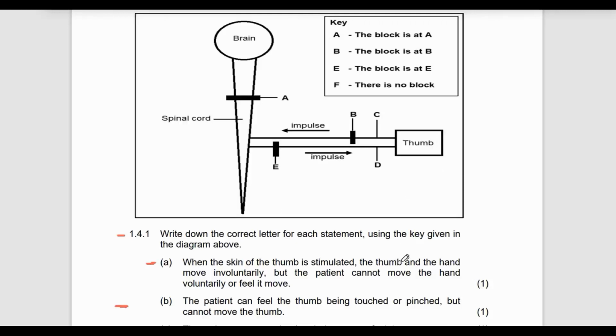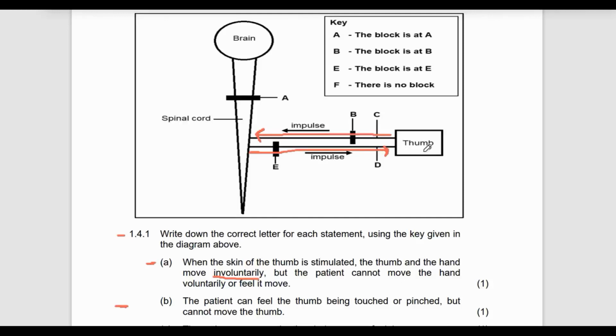The thumb and the hand move involuntarily, meaning the sensory neurons send impulses to be integrated in the central nervous system, specifically in the spinal cord but not in the brain, and sent back instantly to the effector, your thumb, so that it can move. It would take a lot of time if the impulses were sent to the brain, integrated there and sent back to the spinal cord. So the thumb is going to bend.